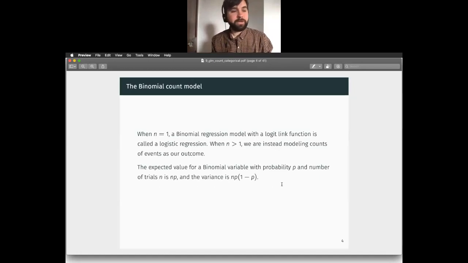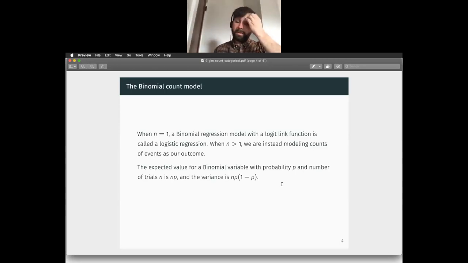So the binomial count model, which we covered briefly last time, is a generalization. A lot of what we've seen with the binomial model are cases where we have n equal to 1, and we're treating the binomial as a special case, which is the Bernoulli, where n is fixed at 1.